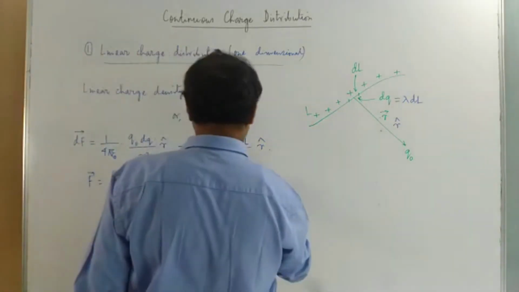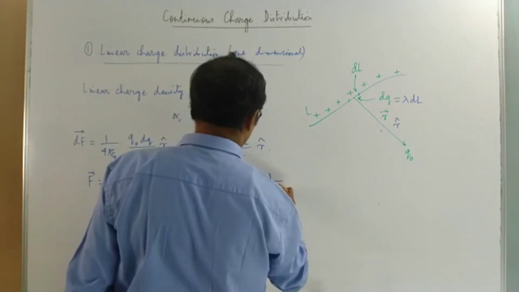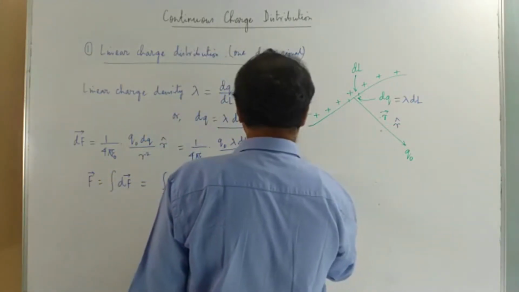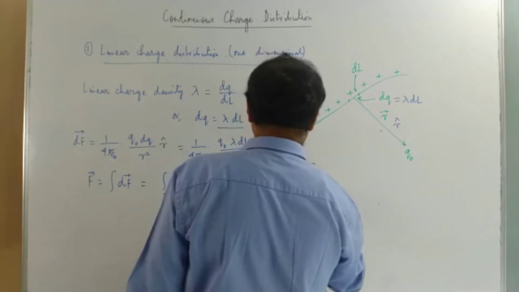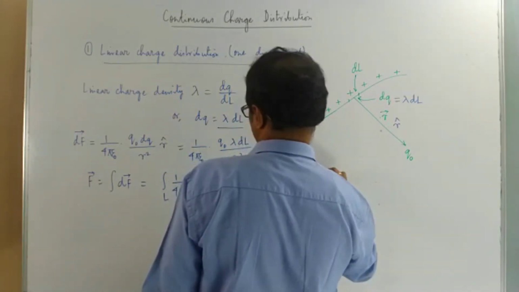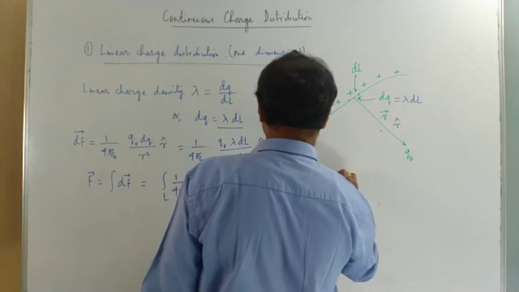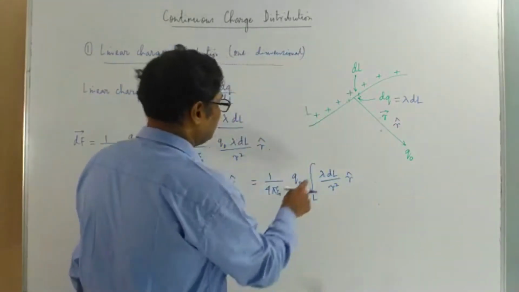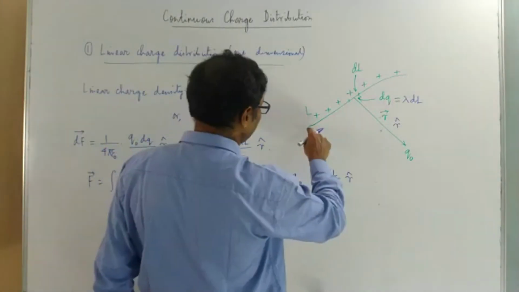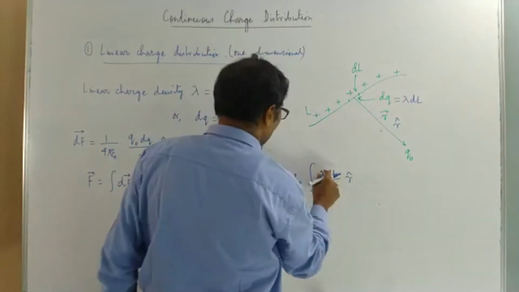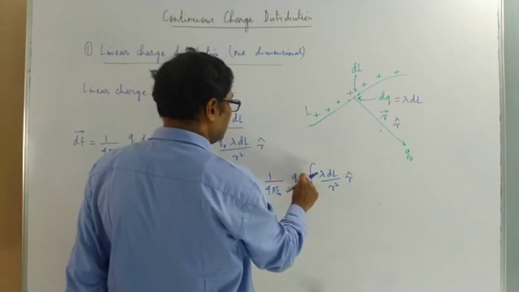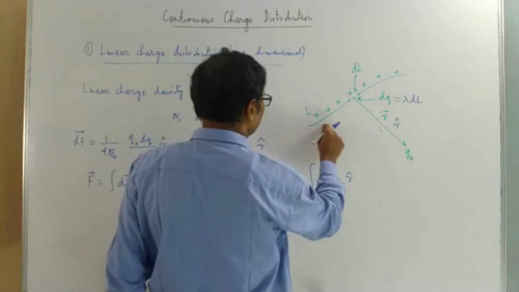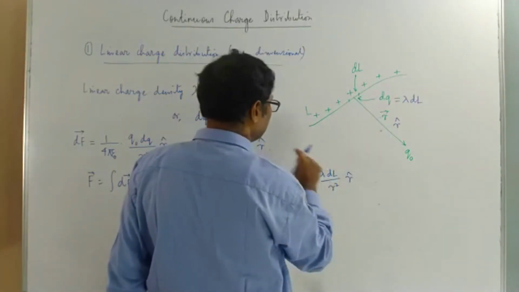So you can take 1 by 4 pi epsilon 0 common, you can take q0 common, integration over L lambda dl by r square into r cap. If this lambda remains constant throughout this length, you can also take lambda common. But if this lambda is not constant throughout this length, I cannot take this lambda common.